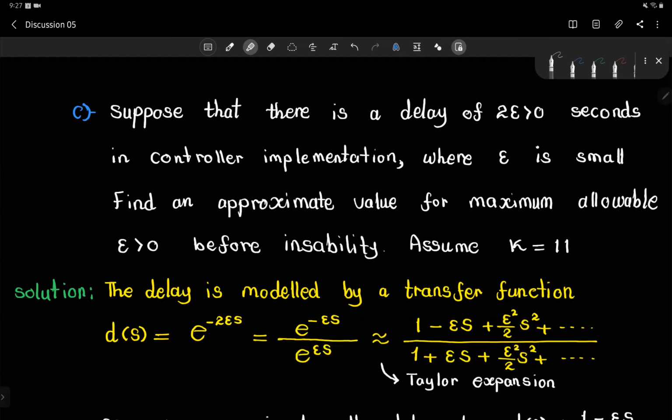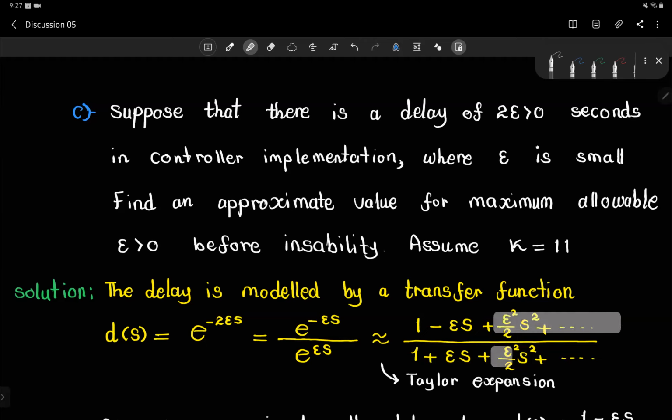We didn't do anything. Now because we want to compute an approximate value, we do the trick of Taylor expansion. So we expand the numerator into a Taylor expansion, and also the denominator, and we truncate this Taylor expansion after the first term.